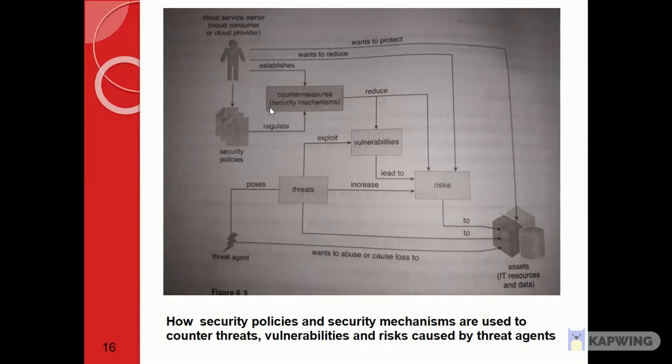Countermeasures, that is security mechanisms, reduce the vulnerabilities that lead to risks. Threats exploit the vulnerabilities and increase the risks. So we have to consider what types of risks and threats there are for the IT resource, and that threat agents pose the threats to the system. So we have to specify the security policies, which will provide security to your IT resources.